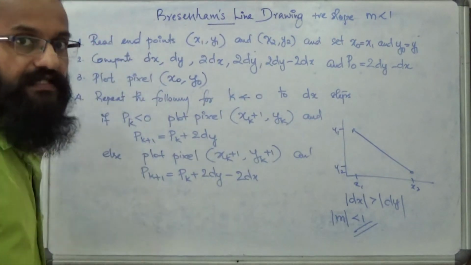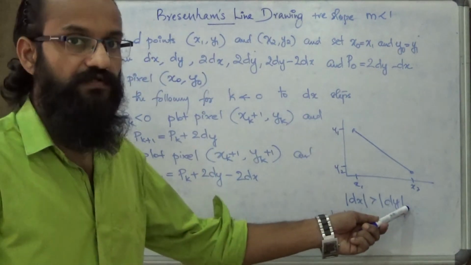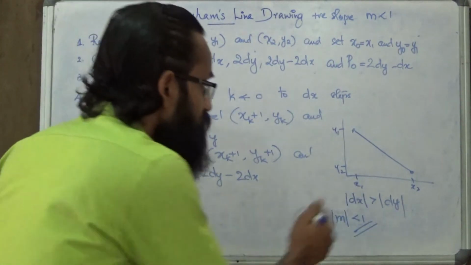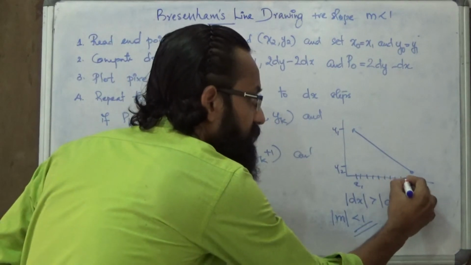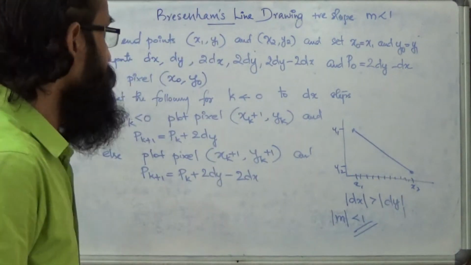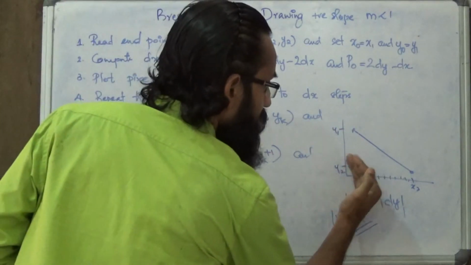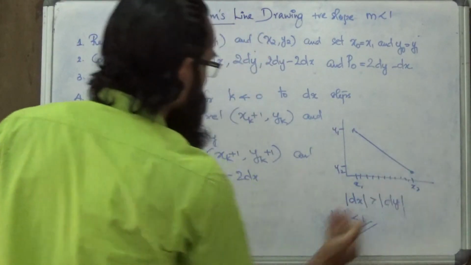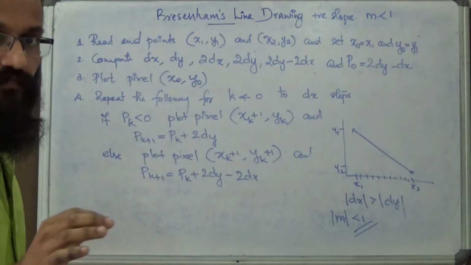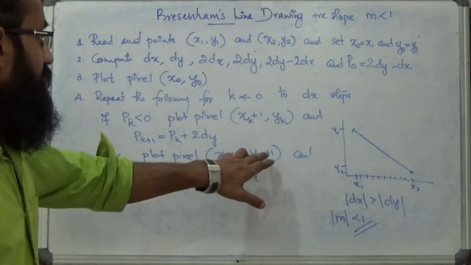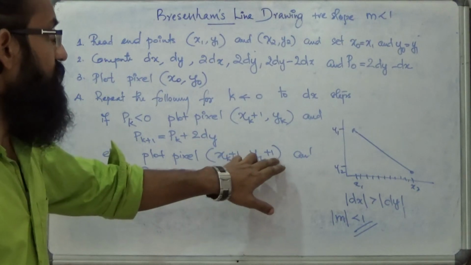That means modulus of dx is greater than modulus of dy. In that case also you sample x at unit intervals. The only difference is that the y value will get decremented. As we move from left to right, x gets incremented. So this procedure will work properly except at this point, where you have to decrement y by 1.